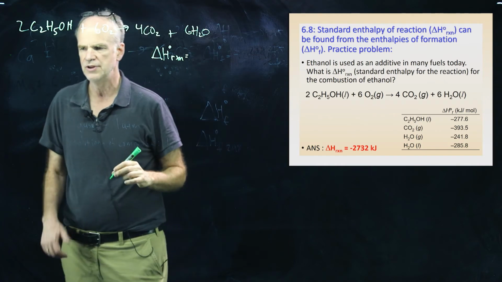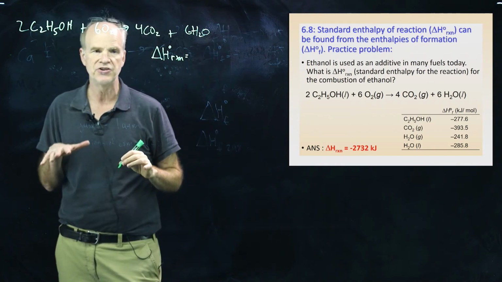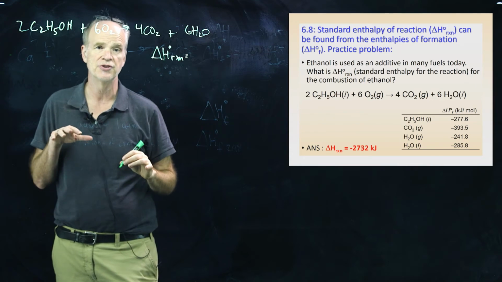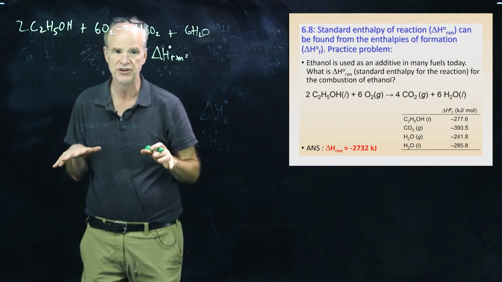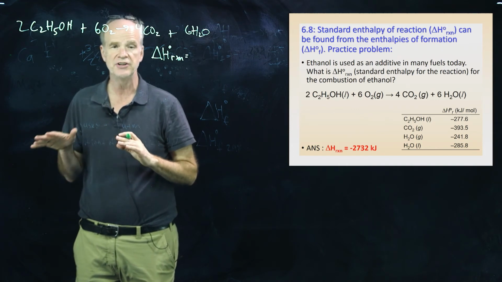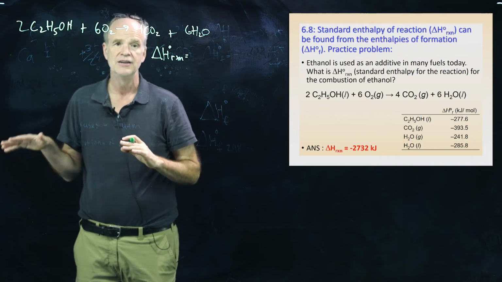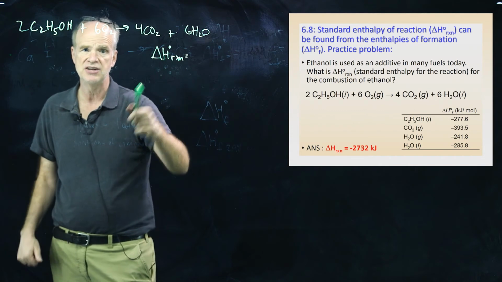So the information we're given are the standard enthalpy changes of formation for each of these compounds. We have to take those numbers and, using the formula we just saw, figure out the standard enthalpy change of the reaction.